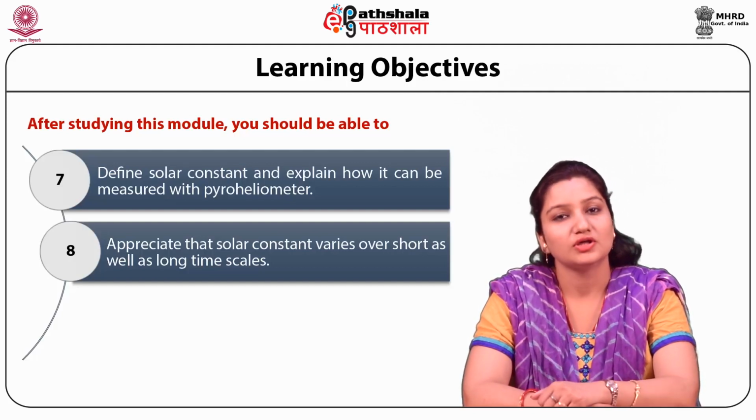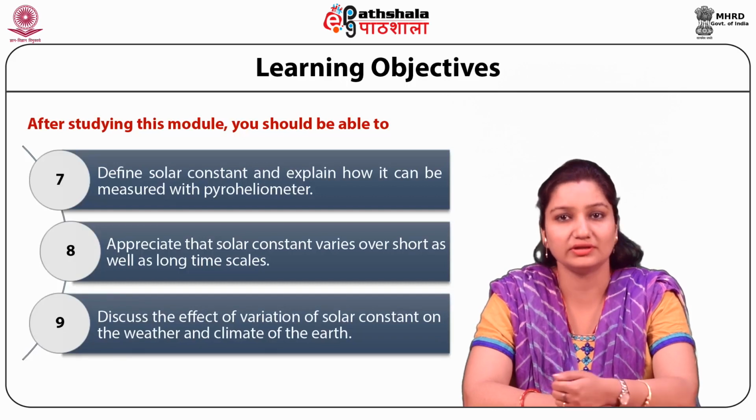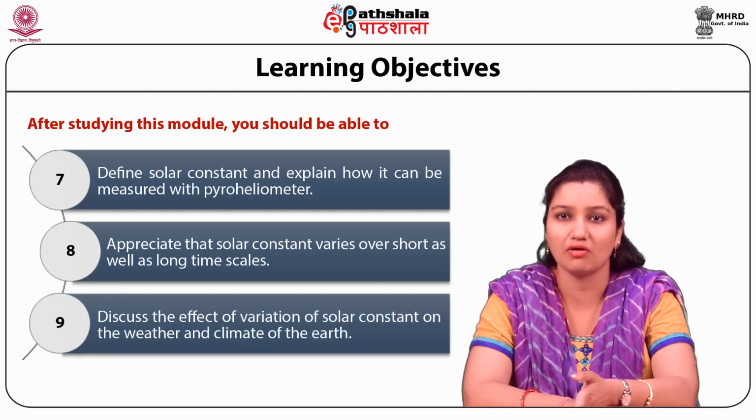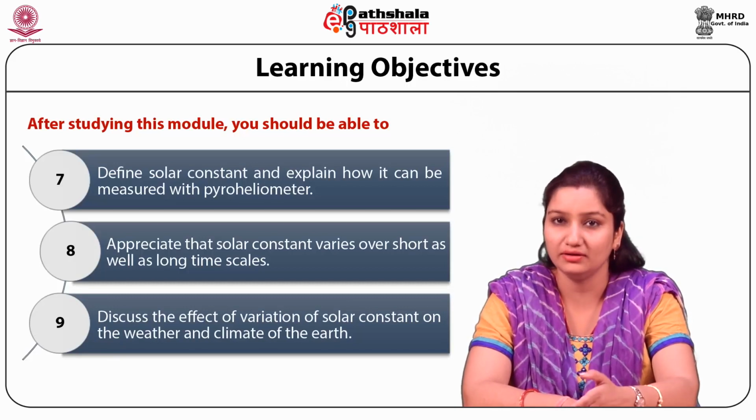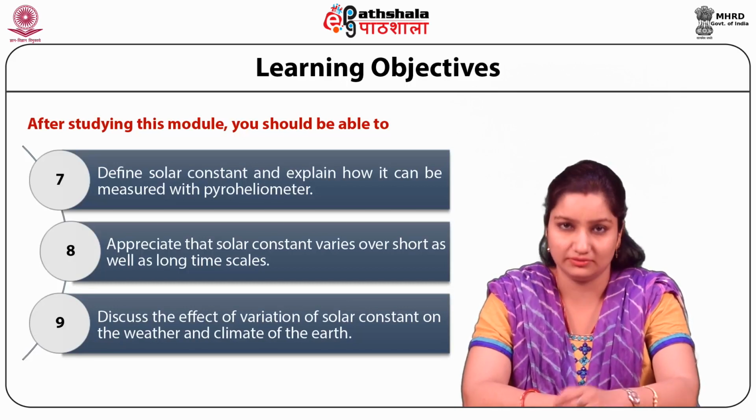In the end, you will be able to discuss the effect of variation of solar constant on the weather and climate of the earth. Now, before going into the details, let us have a short introduction.